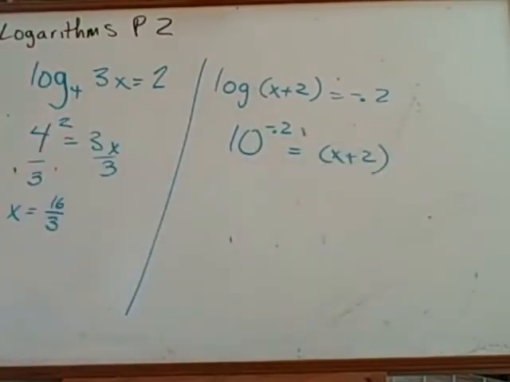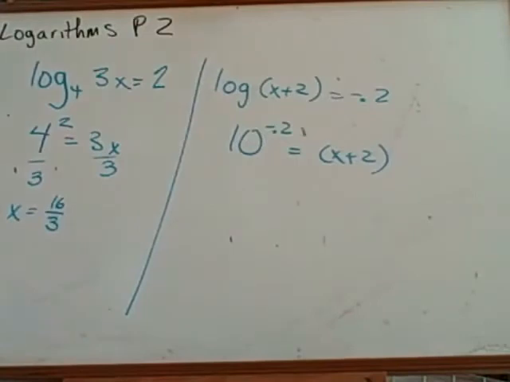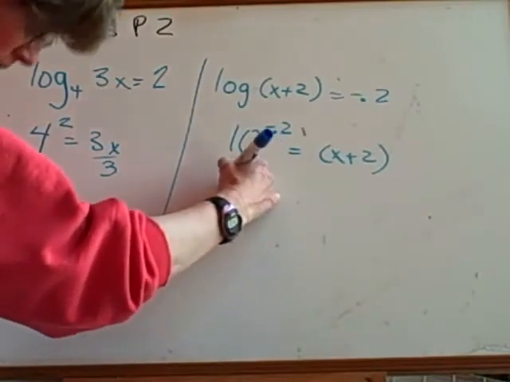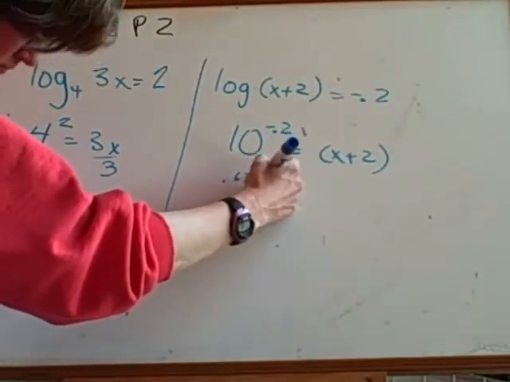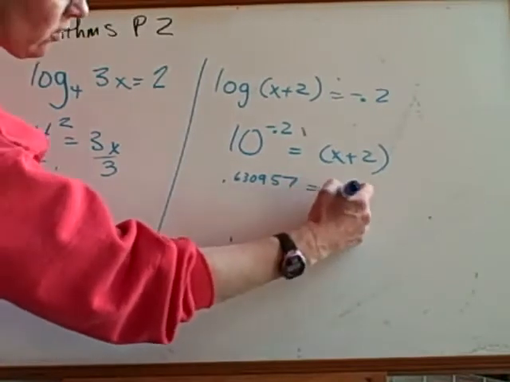All right, so let's go ahead and use the lovely calculator to find 10 to the -0.2. And I got a big honking number. I got 0.630957, and so on. Now, did I do that right? 63097, that looks right. Equals x plus 2.